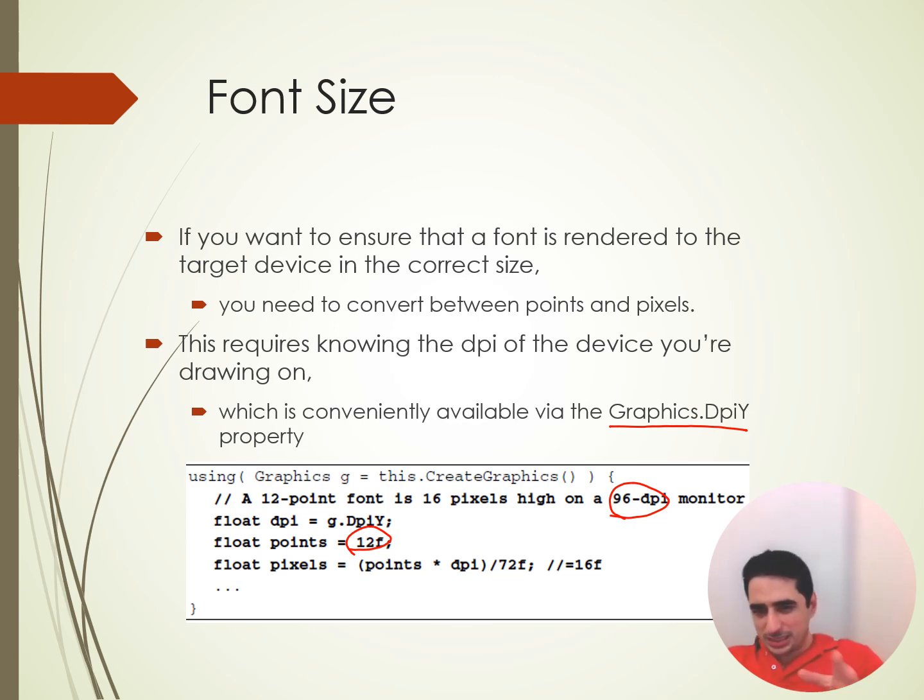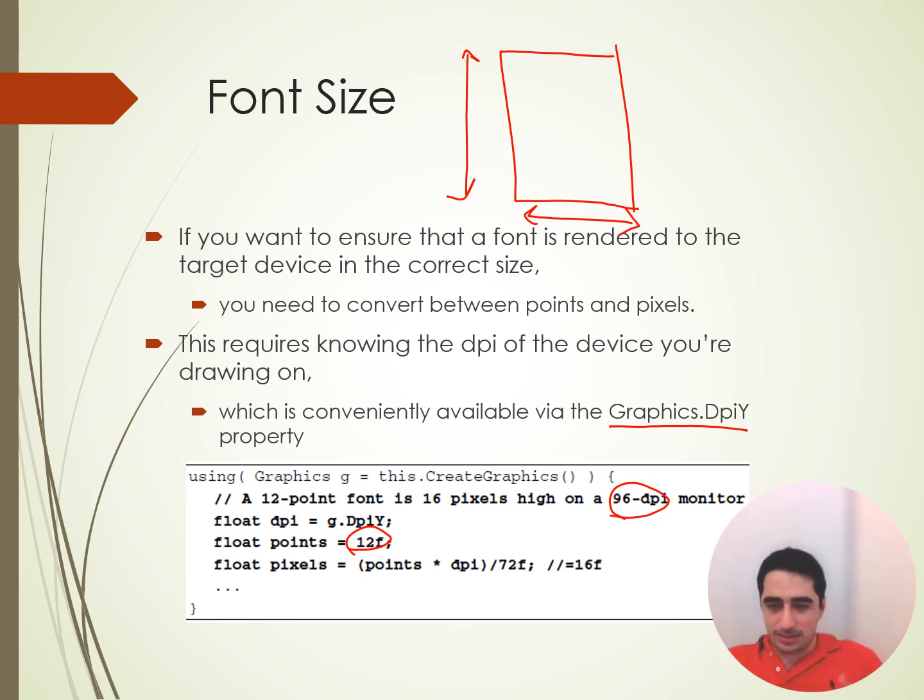A single pixel on a monitor might have a different height than width, so we need two different DPIs: one along the y-axis and one along the x-axis.